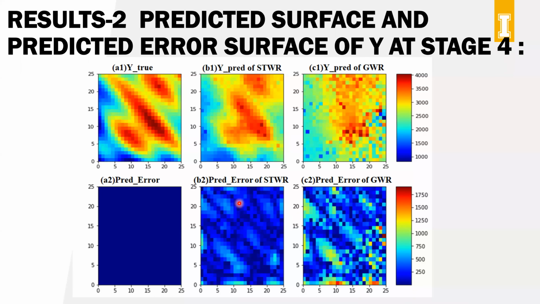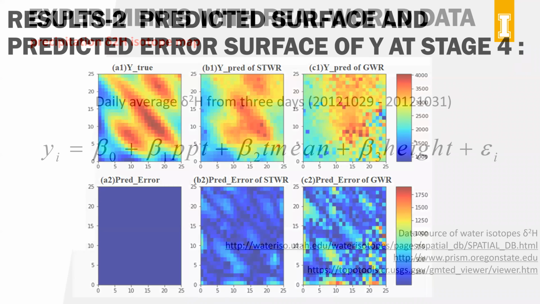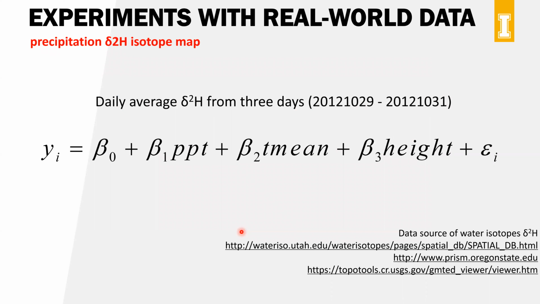You can see from B2 and C2 that STWR has smaller predicted error, which means that STWR is a better model. So that's the simulated data.